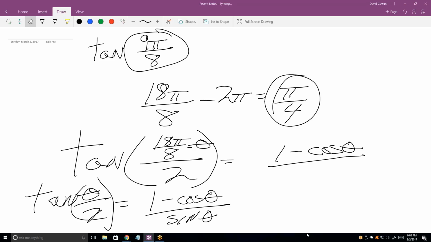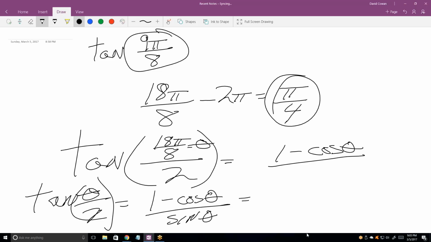But theta is what? Theta is 18 pi over 8, or pi over 4, right? Yes. 18 pi over 8 is outside the unit circle, so we need to subtract all multiples of 2 pi from it to get pi over 4.